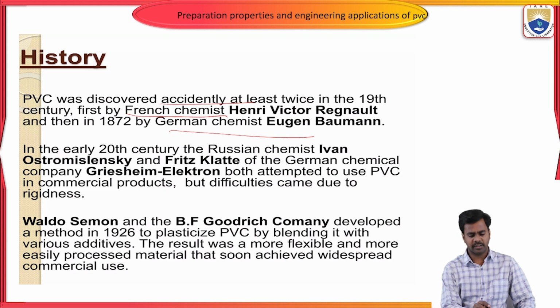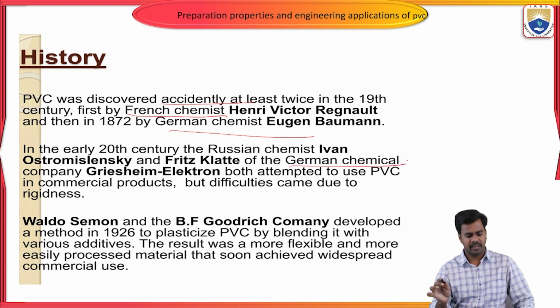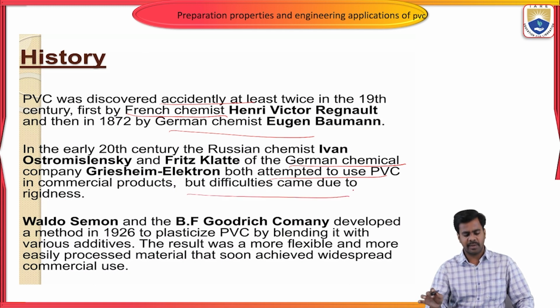In the early 20th century, the Russian chemist Ivan Ostromislensky and Fritz Klatte of the German chemical company Griesheim-Elektron both attempted to use PVC in commercial products. But some difficulties came due to its rigidness.